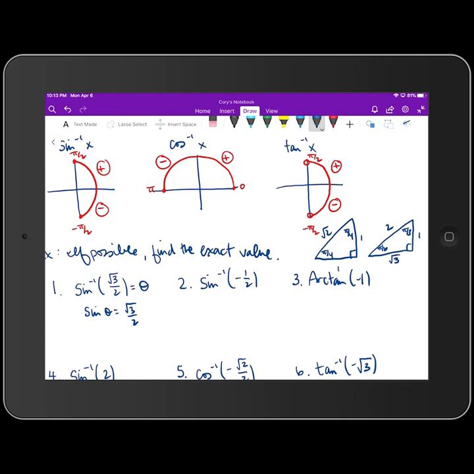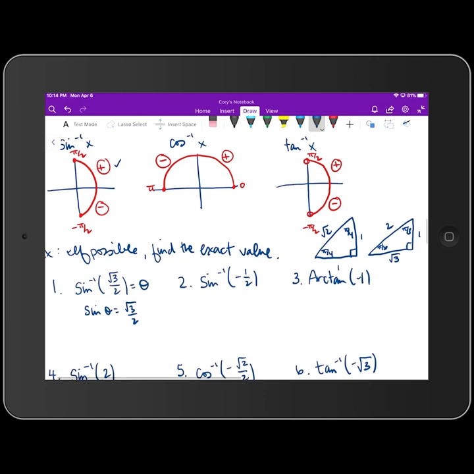When we look at the diagram we drew above for the inverse sine function, because the ratio is positive, my angle measure has to lie in quadrant 1. The angle in quadrant 1 with reference angle pi over 3 is pi over 3. So theta has to be equal to pi over 3. That means the inverse sine of rad 3 over 2 has to be equal to pi over 3.